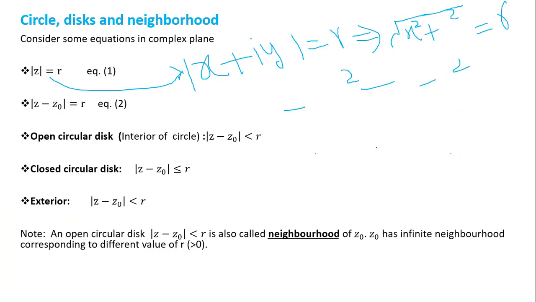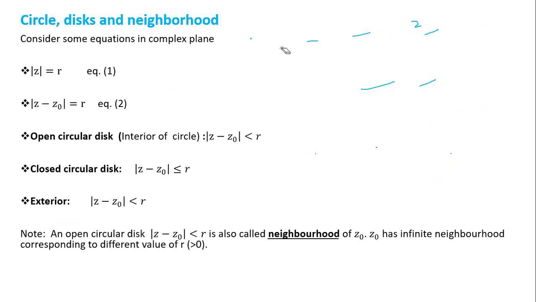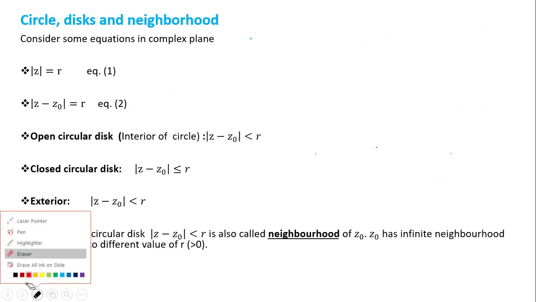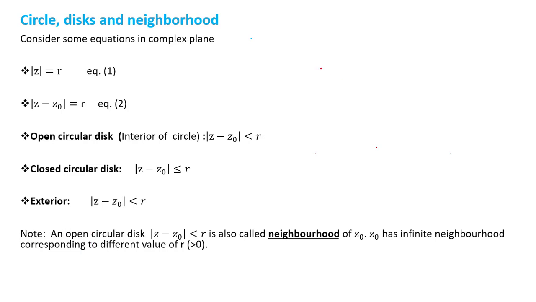Let me erase this. Now we are aware that mod of z equal to r is nothing but a circle of radius r. Now let's try this.